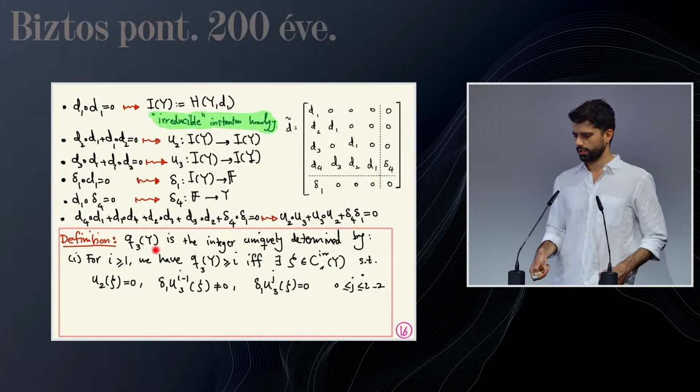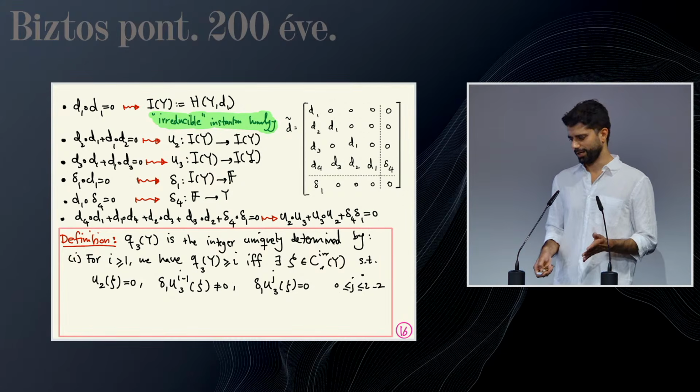So Q3 of your integer homology sphere is defined in terms of instanton homology with Z mod 2 coefficients and these operators. There's a more conceptual way to think about this and to give this definition, better than the definition here.